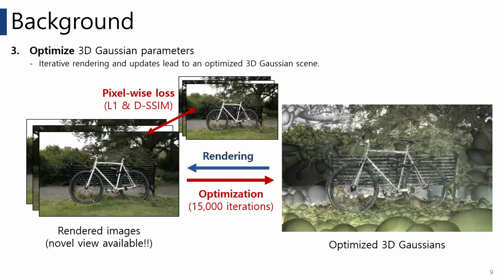This cycle of rendering and parameter updating is repeated for many learning iterations. Through this iterative process, the initial set of 3D Gaussians is progressively refined. As a result, the entire scene becomes optimized, leading to a high-quality representation, as you can see with the optimized 3D Gaussians on the right. From these, novel views can be effectively synthesized.